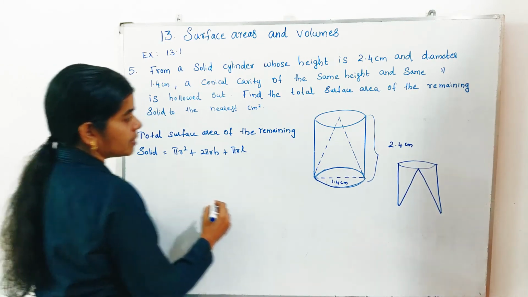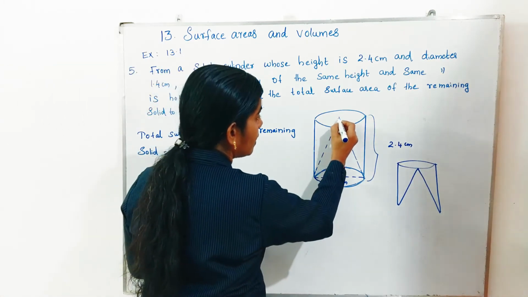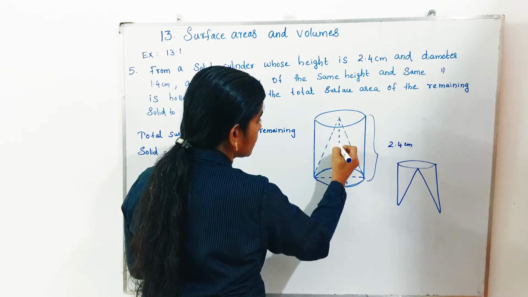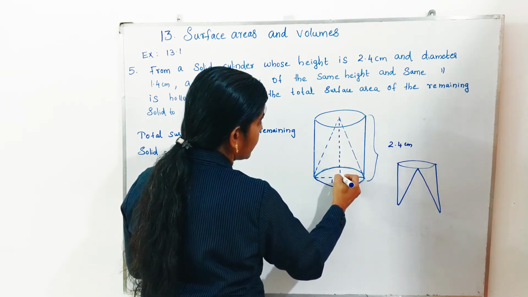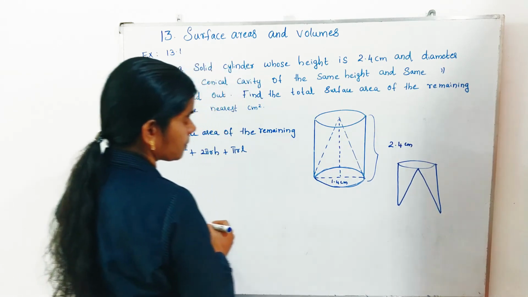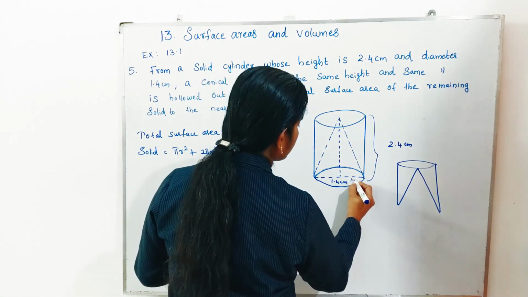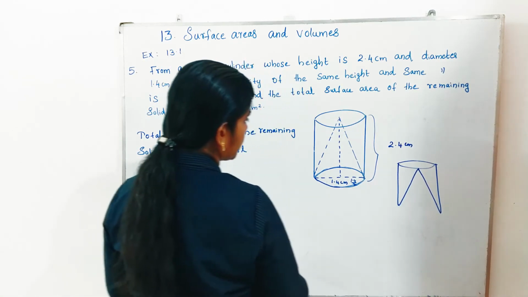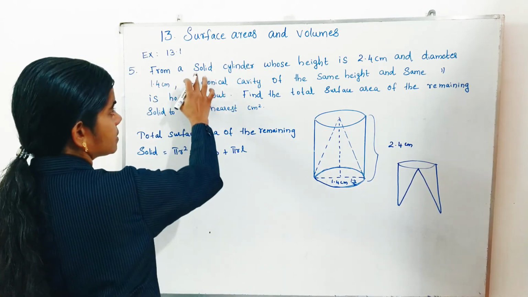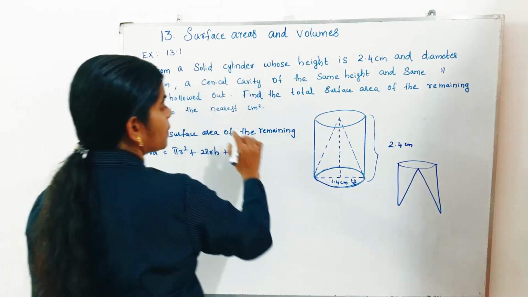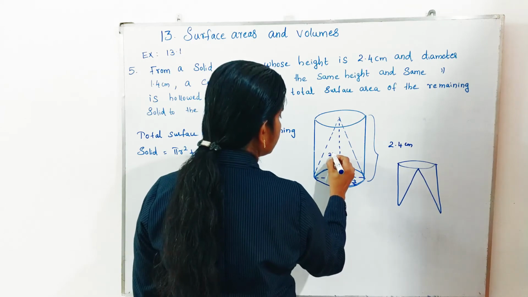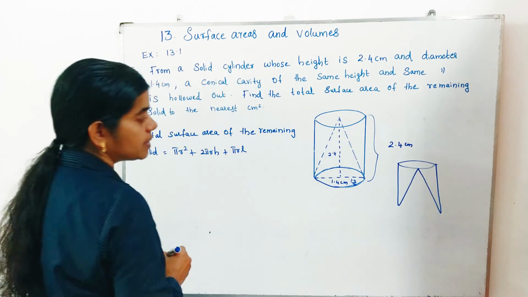Then you want to find the L of the cone. So the radius will be 1.4 by 2. The height of the cylinder is 2.4, so height is equal to 2.4.